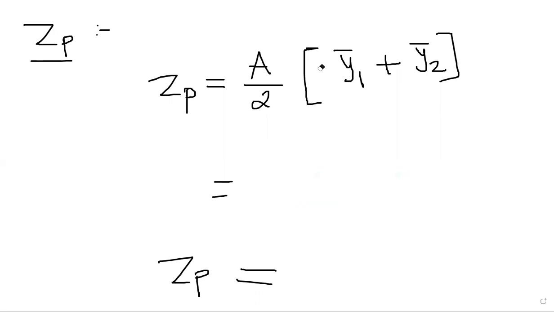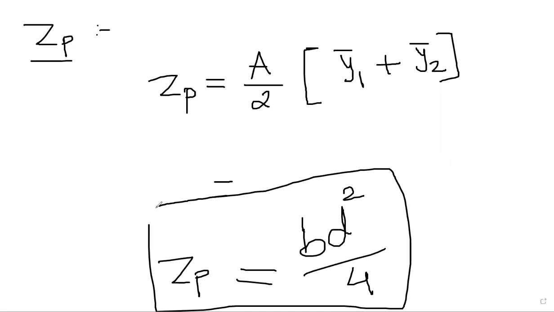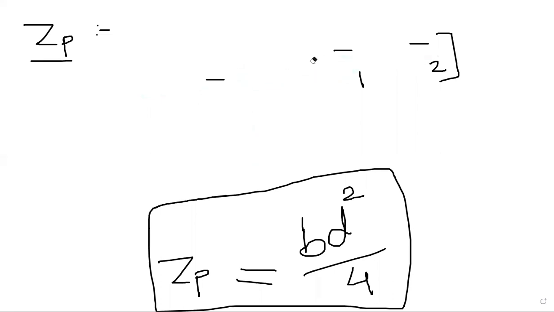For rectangle section, plastic section modulus ZP is equal to BD square by 4. All of you written, make a box. ZP is equal to how much? BD square by 4 for rectangle section, having dimensions B and D. All of you written?